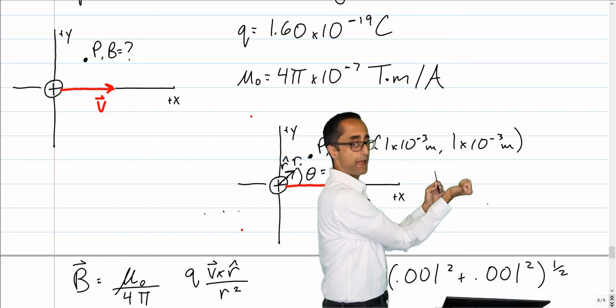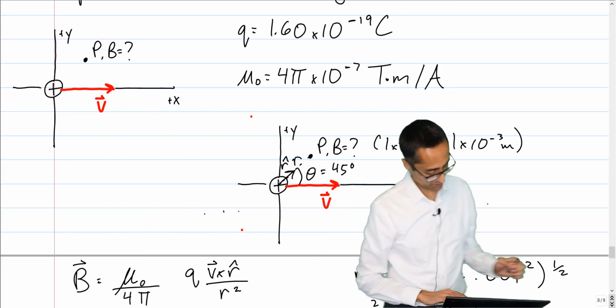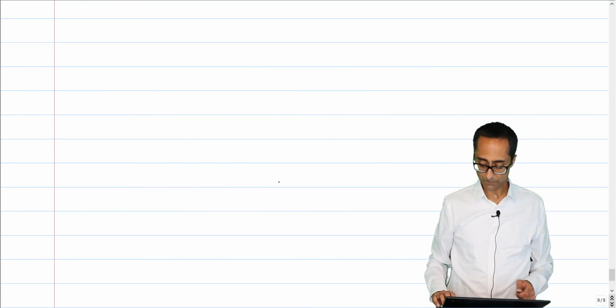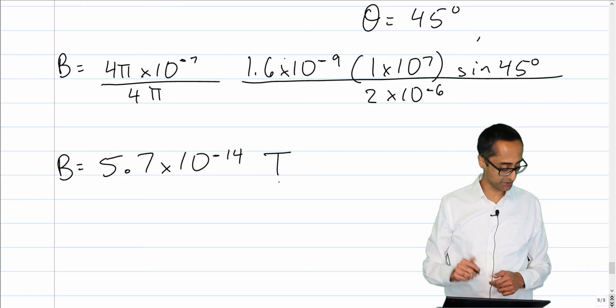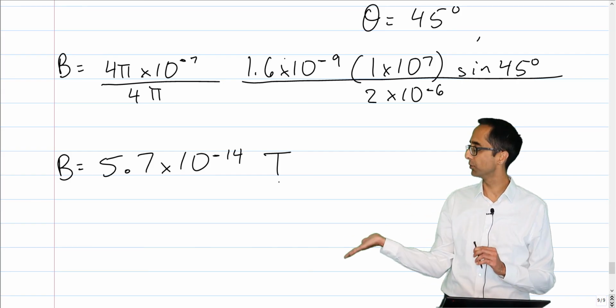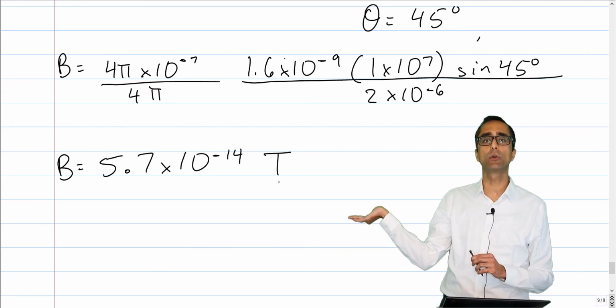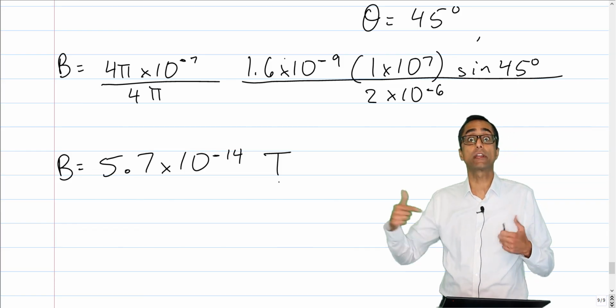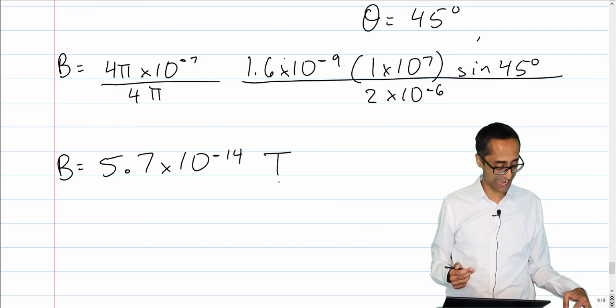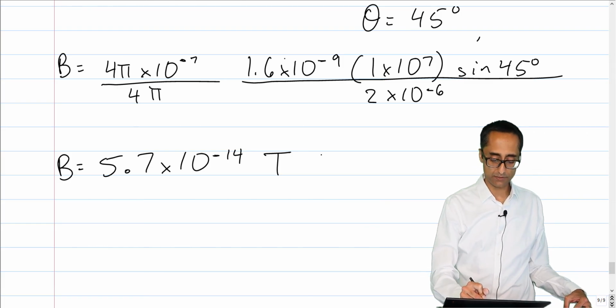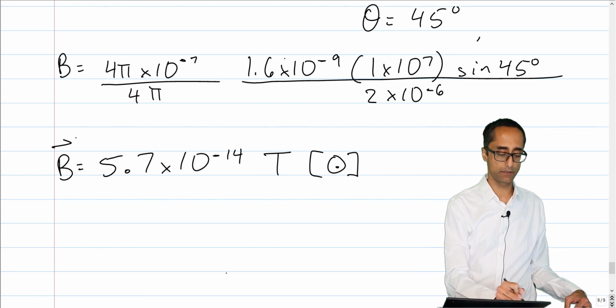And it's coming out of the page. So even though r and v are not 90 degrees away from each other, you can still do the right-hand rule. Just make sure your palm is pointed in sort of the quickest way to get to the direction of our r hat, leaving us with a direction that is out of the page. There we go.